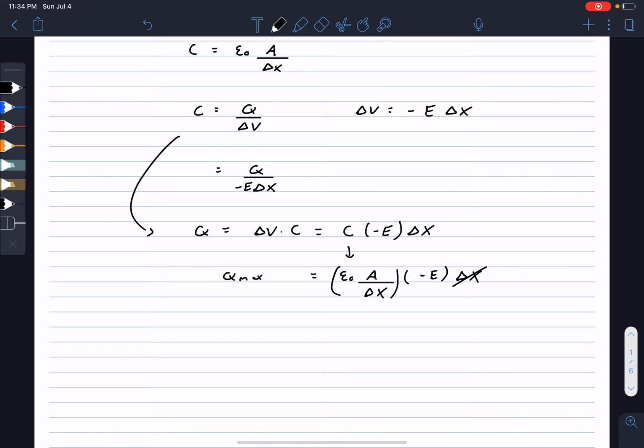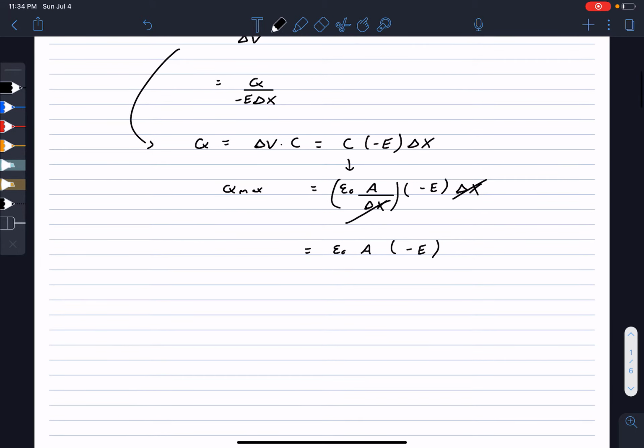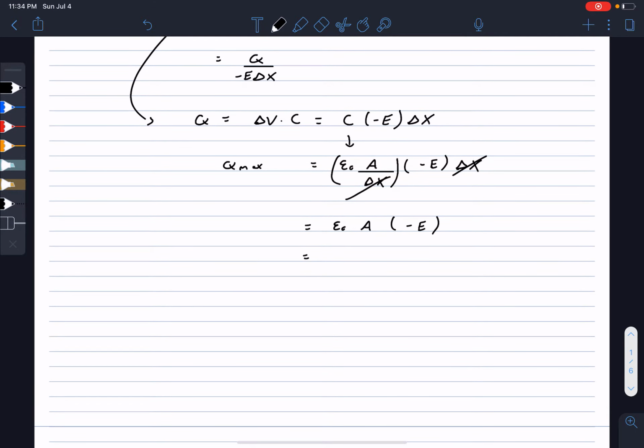Now, notice that this delta X cancels, and it leaves us with epsilon naught times the area times the negative of the E field. So we can plug all that in. We're given a bunch of stuff, 8.85 times 10 to the negative 12 coulombs squared over newtons times meters squared. I don't remember exactly. 2 times 10 to the negative 4 meters squared.